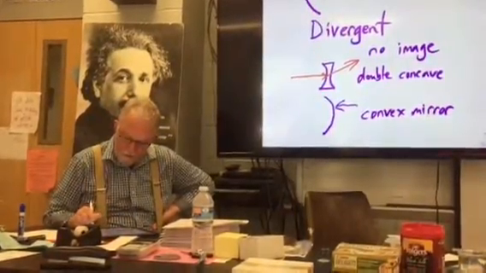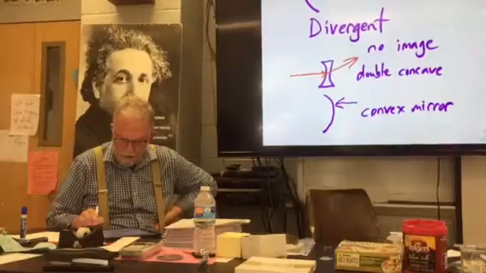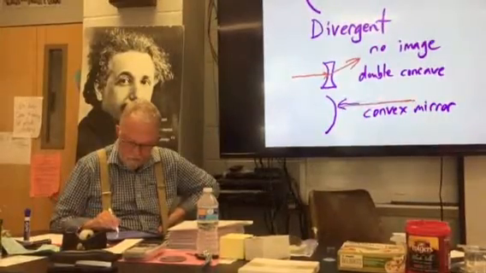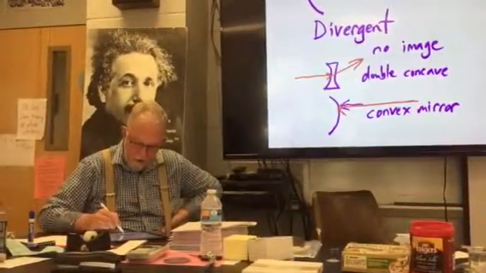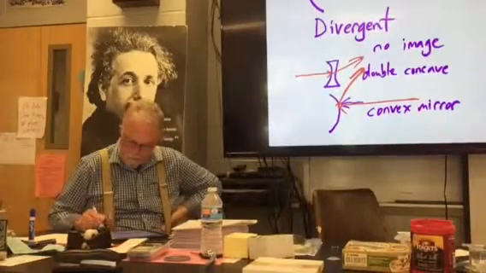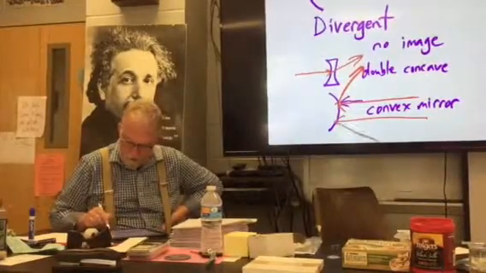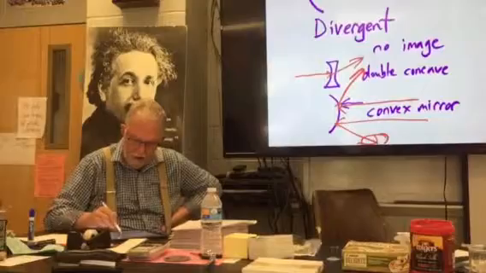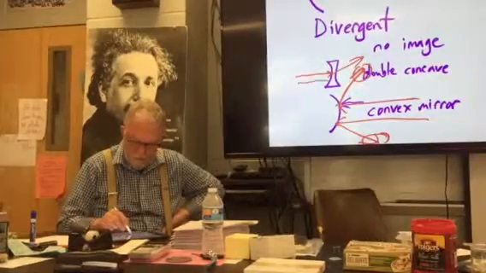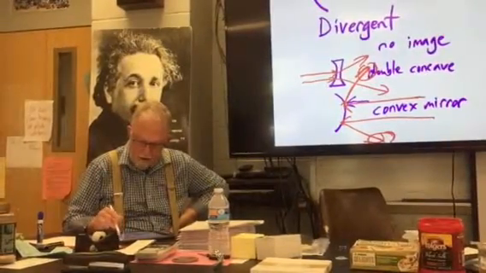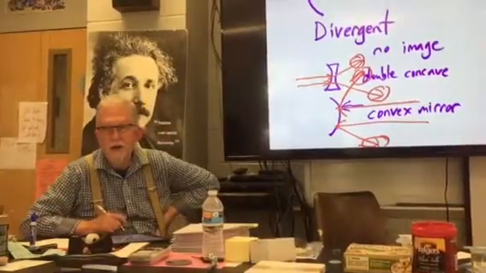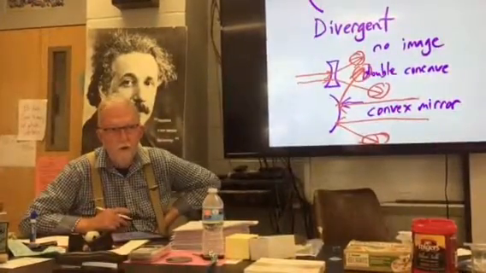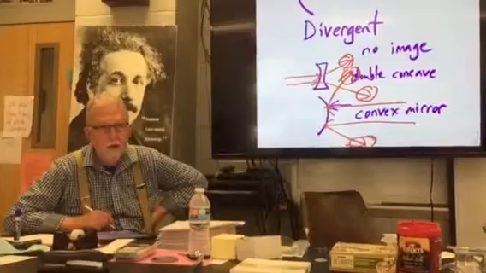And when the light comes into the mirror, it's going to do this. And you can see that these rays here will never meet, just like these two will never meet. That's a divergent lens or a divergent mirror. Is that making sense? That good?